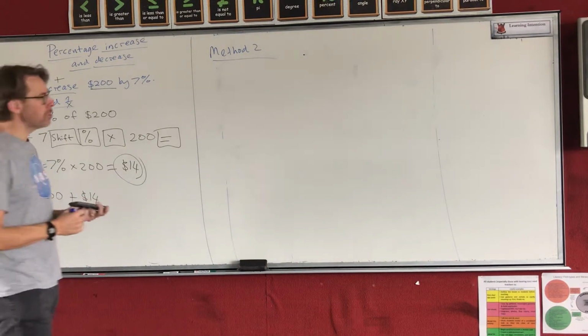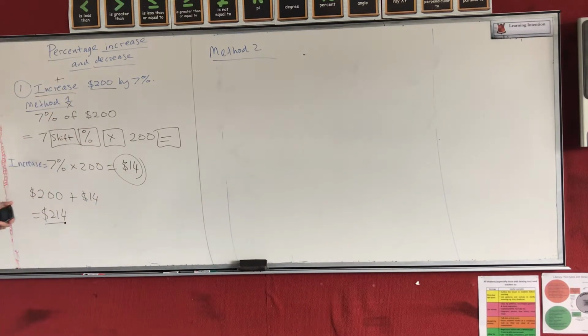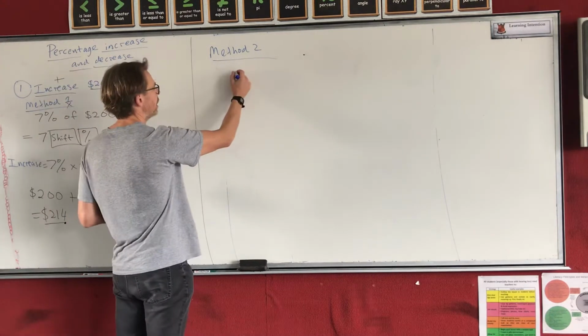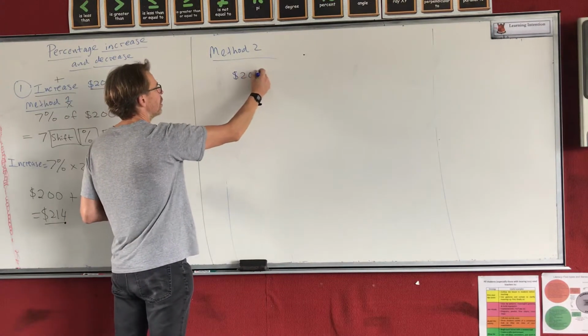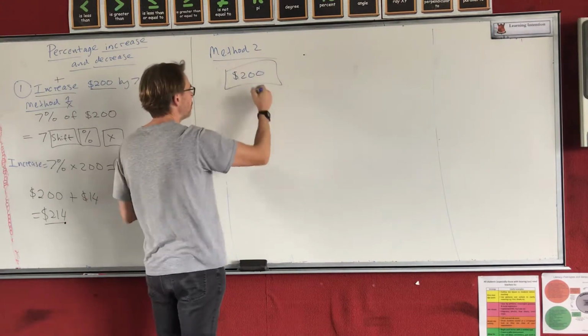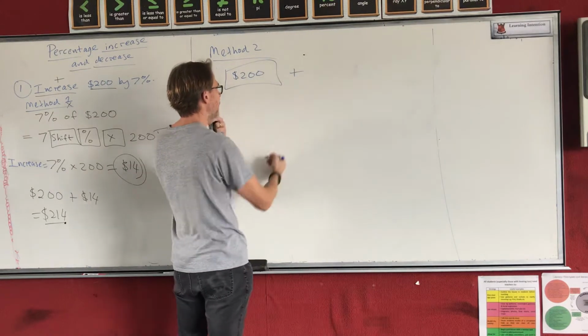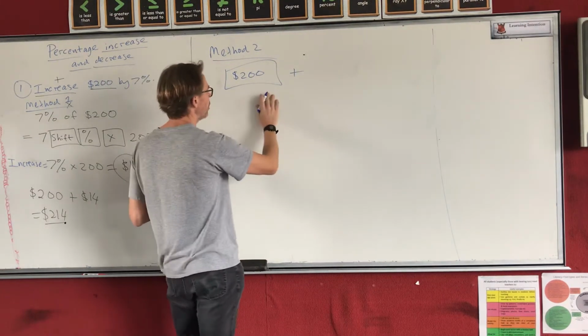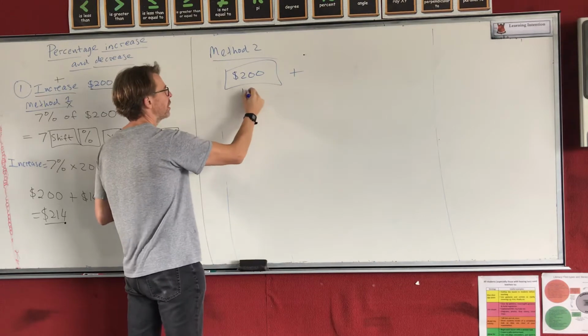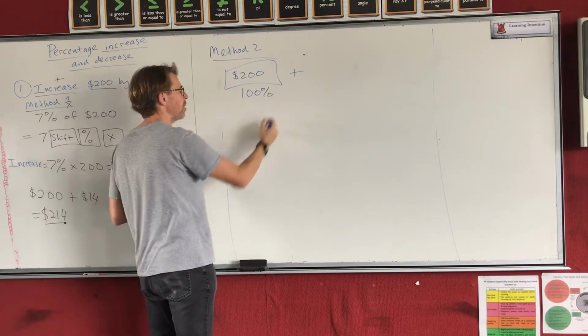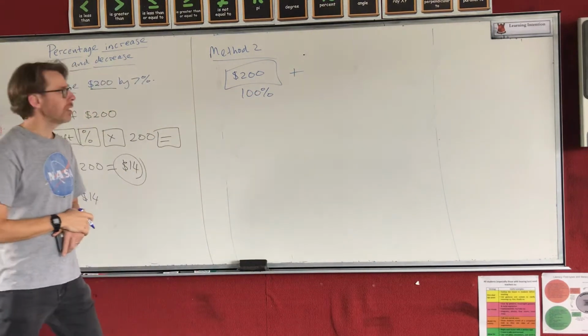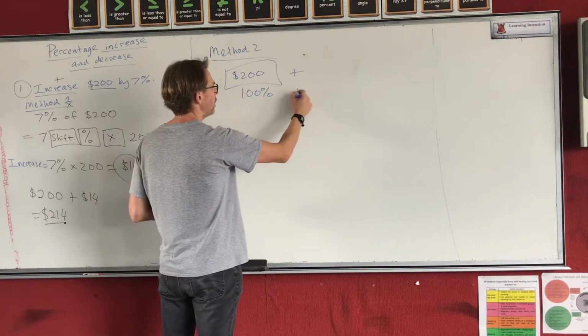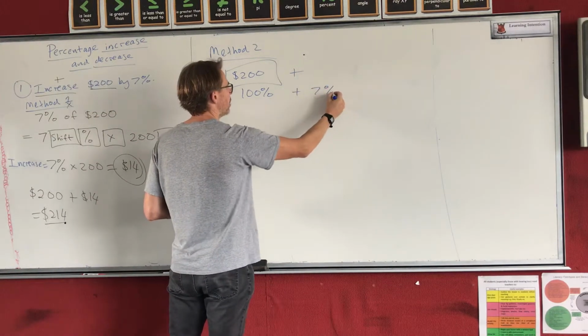For method 2, same question. We've got to make the $200 bigger. We're going to consider that the original amount of money is 100%, and we're going to increase that by 7%.